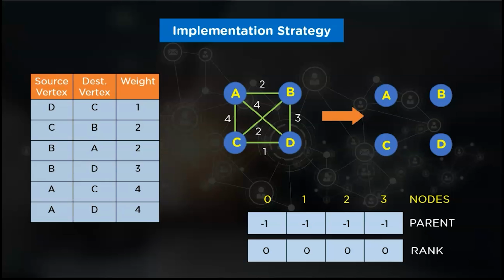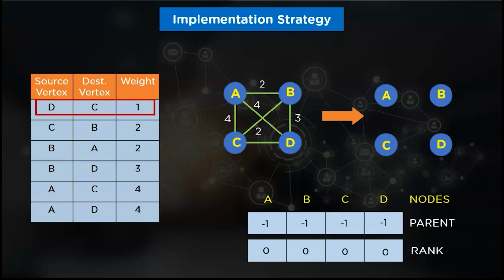In upcoming slides, we'll traverse through our list of edges to include them in our minimum spanning tree. Now, the first edge that we are going to check is edge DC, which has minimum edge cost, that is 1. In order to insert this edge in our MST, we'll need to find the absolute parent of node D and C as well.